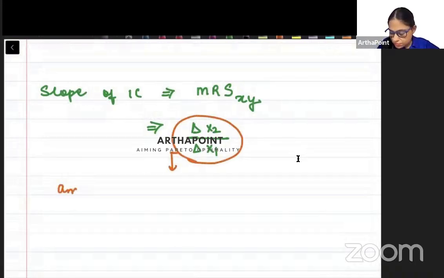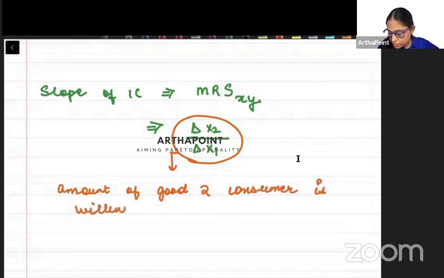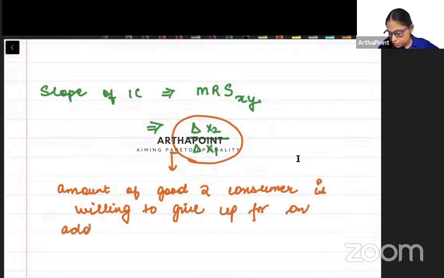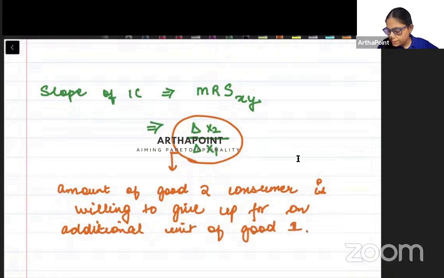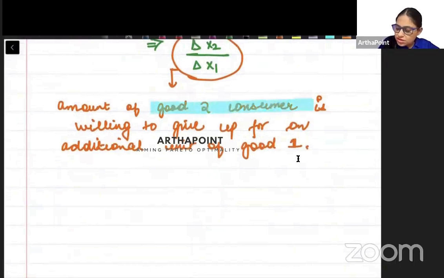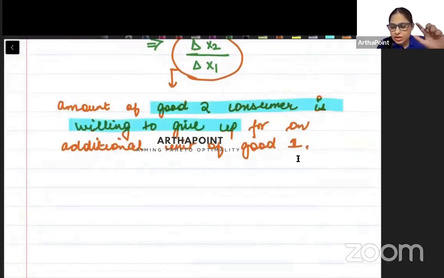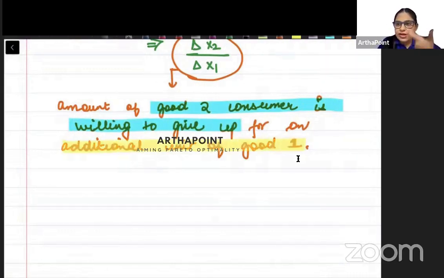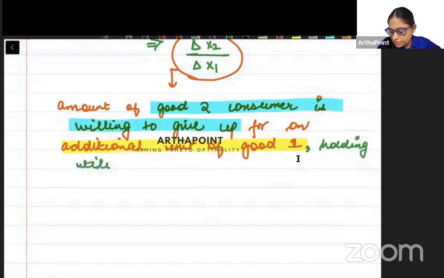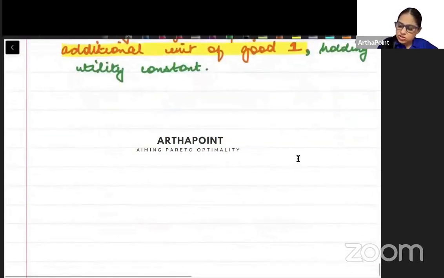The amount of good 2 the consumer is willing to give up for an additional unit of good 1. कितना good 2 consumer देना चाह रहा है एक extra good 1 के लिए, holding utility constant. देखो ध्यान से जरा, listen to me.